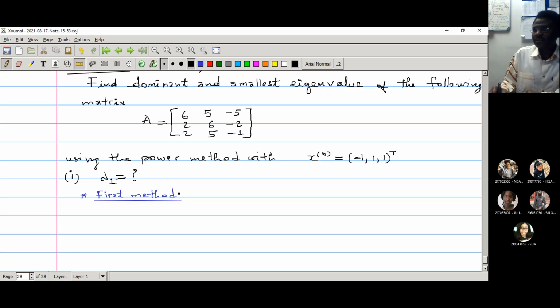So first method, we construct the sequence xk, and perform projection.